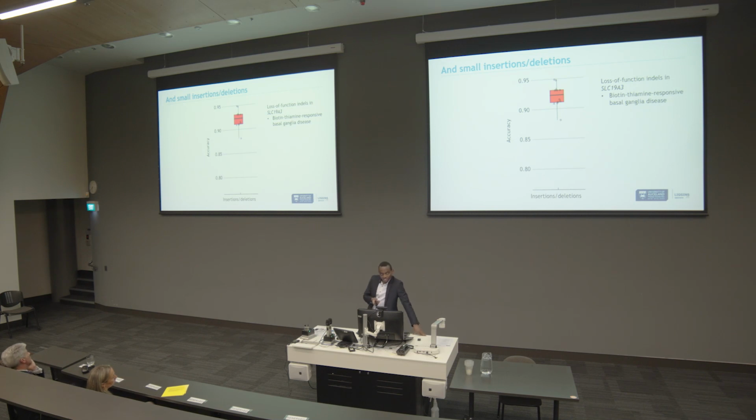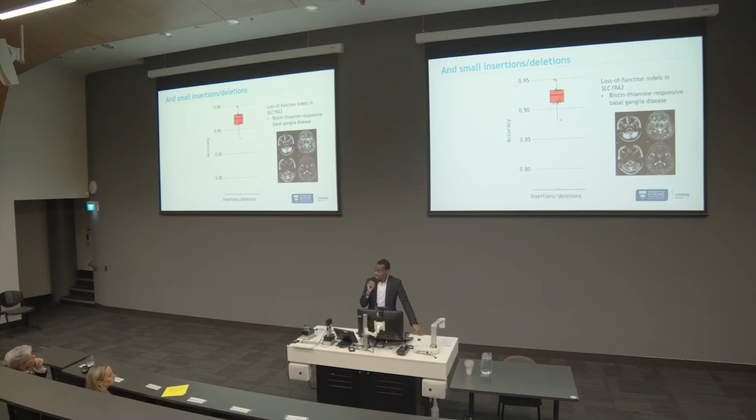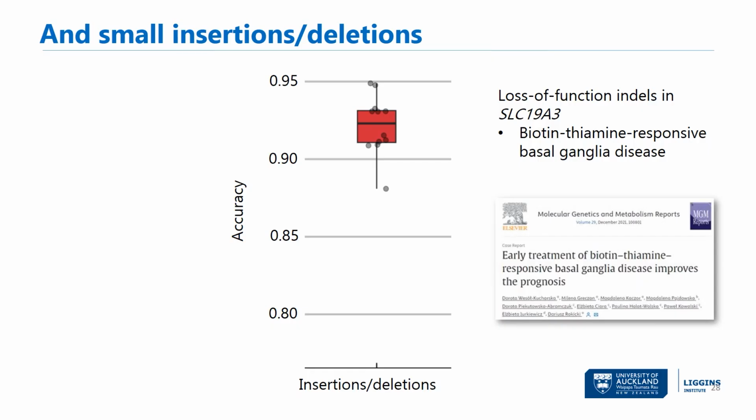Loss of function mutations in this gene cause biotin-thiamine-responsive basal ganglia disease. And one of the most important things is that if you can identify this mutation immediately when the child is born, then early treatment can be administered.